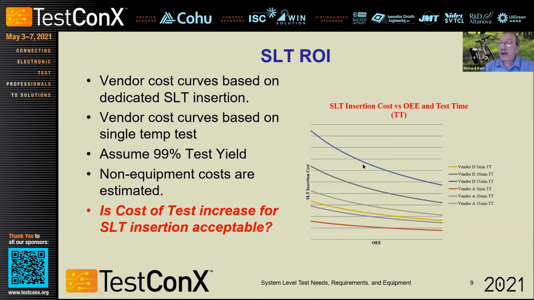So this graph here shows a cost comparison of two of the systems at various test times and OEE values. These two systems were on the extremes of the capital costs according to the equipment survey.